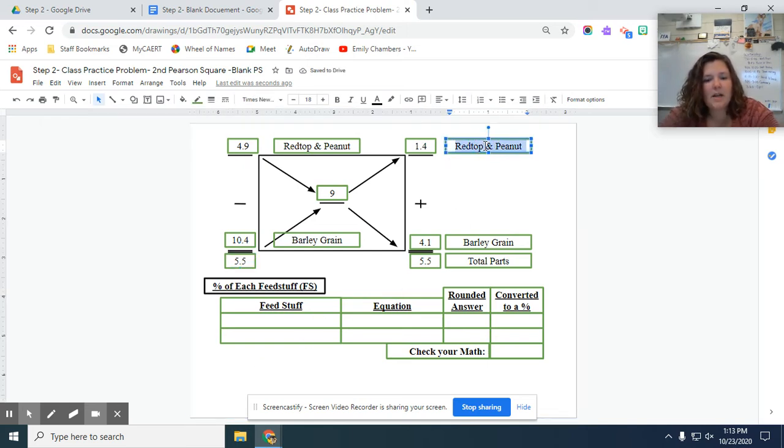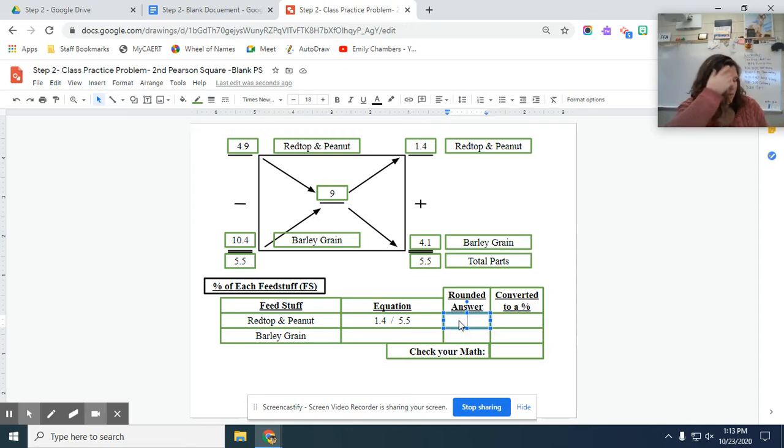So I'm just going to copy and paste our feed stuff right here. Then you're going to do the math just like you would before. So 1.4 divided by 5.5, that's parts of red top and peanut hay divided by total parts.